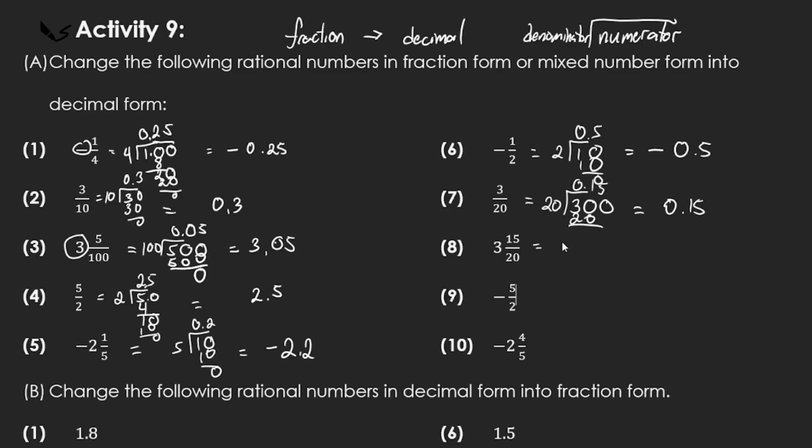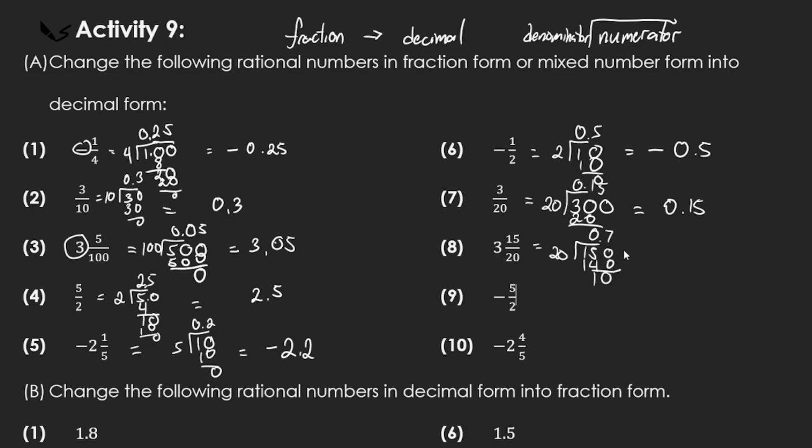Number 8, 15 over 20. Let's just ignore the 3 for a while. Let's just get the numerator and divide it by the denominator. How many 20's are there in 15? There's none. Let's add a 0 there. So how many 20's are there in 150? There's 7, because 7 times 20 is 140. And the difference of 150 and 140 is 10.